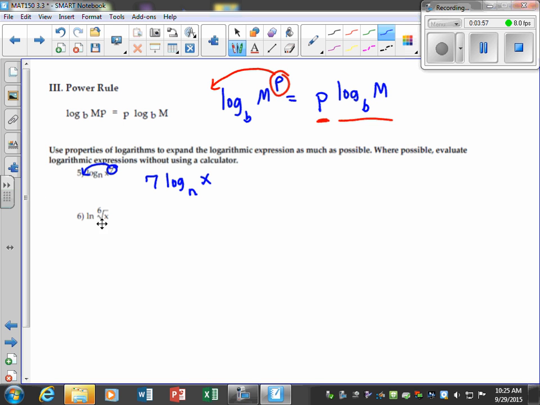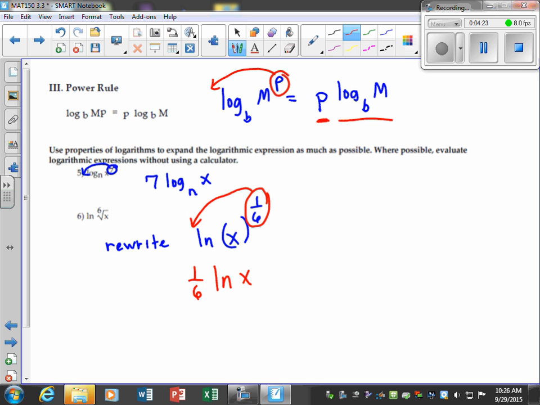This is the sixth root of x. So we want to rewrite this first as natural log of x raised to what power? 1/6 power. Now that it has an exponent, we can use our power rule to bring this exponent to the front and you would get 1/6 natural log of x.